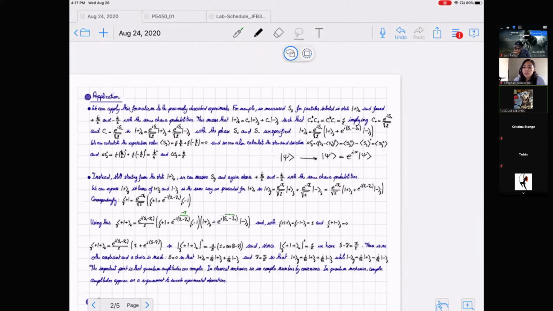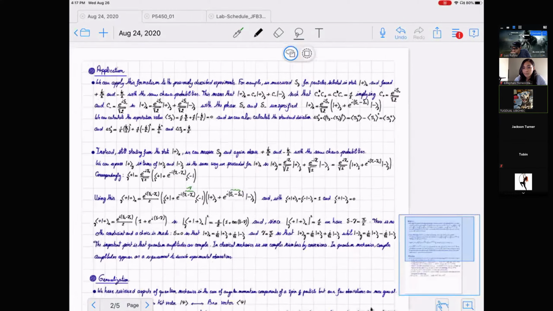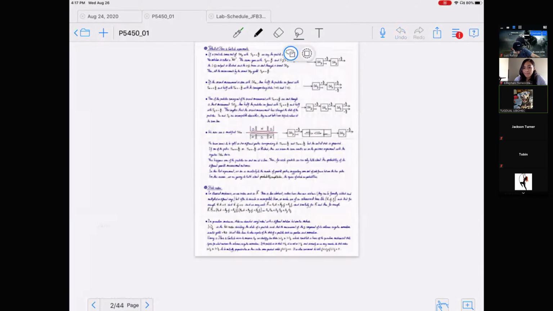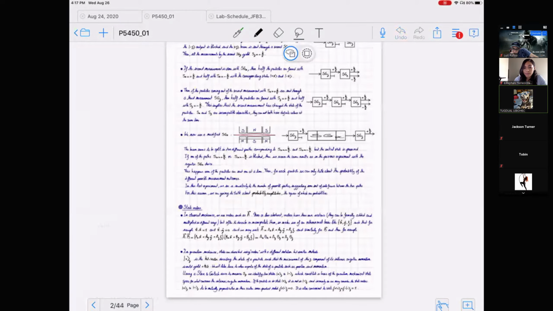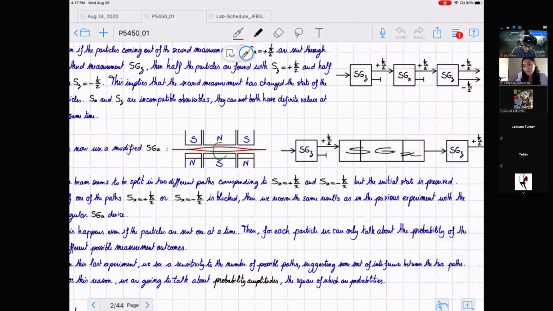You're good? Any question? Later on, we'll discuss more about why we need to know the phase. Yes, and you remember last time we discussed this experiment, where you had this separation, and I commented on the fact that there was an interference.